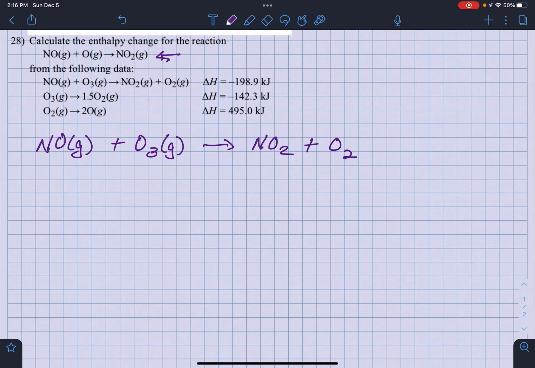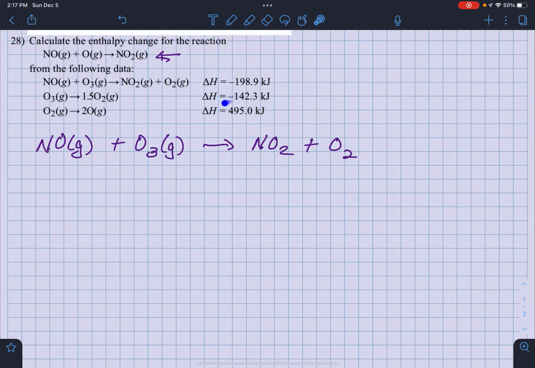All right, and then we're going to take a look at what else we need. If we go back up to the top, we see that we need atomic oxygen as a reactant. Looking down at the bottom, reaction 3 has atomic oxygen as a product. So we want to reverse that. When we reverse that reaction, that's going to give us atomic oxygen as a reactant.